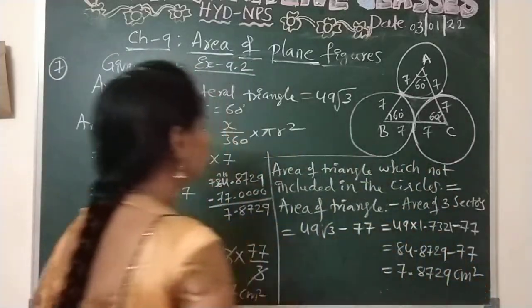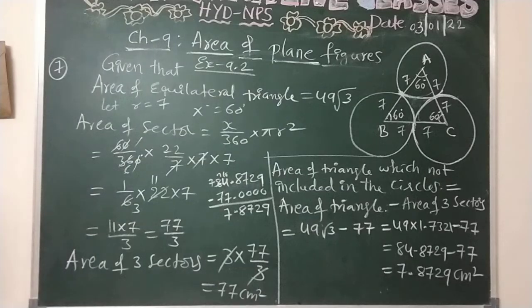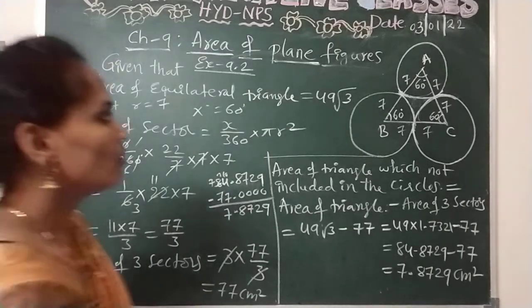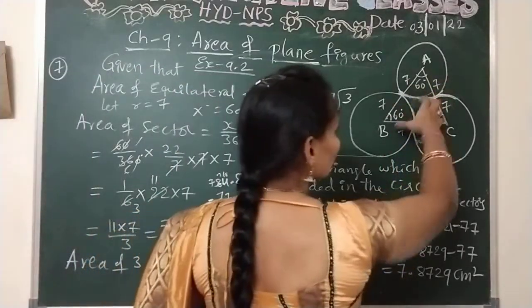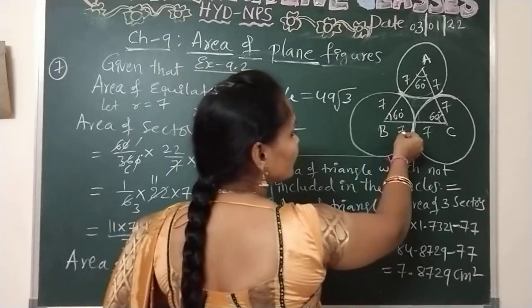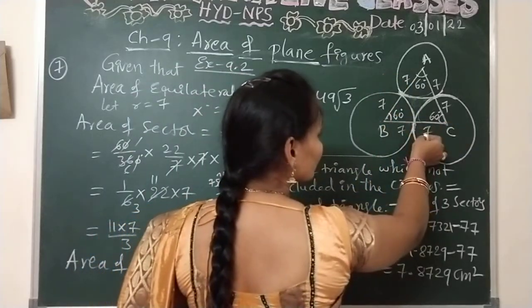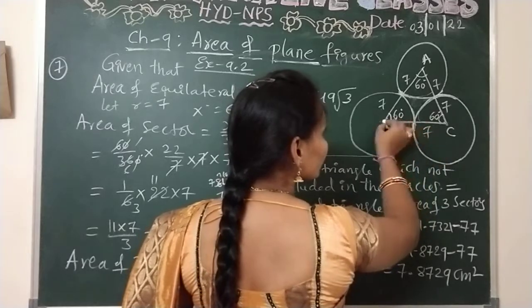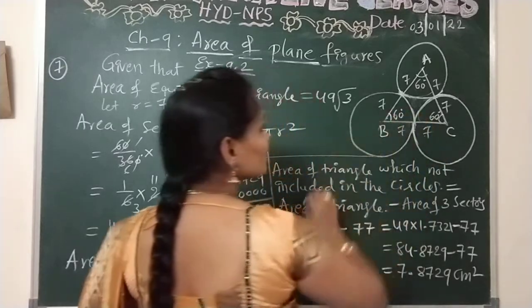Very simple. First you should know the process, then the calculations are very easy. Everything is given in the question itself: the angle is given, the side of the triangle is given, and the radius of the circle is given.